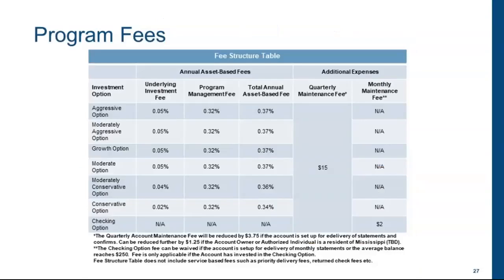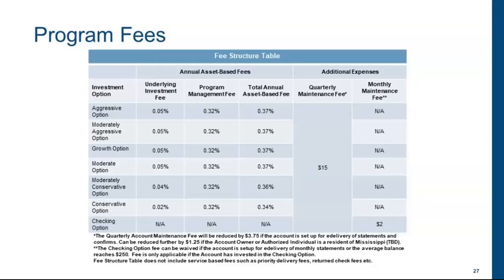On the next slide, we talk about the program fees. Hundreds of people from many different companies help put this program together. We design each of these investment options using broad index-based products in order to provide maximum diversification at a minimum cost. So the investment options have that underlying management expenses that we see in that first column.